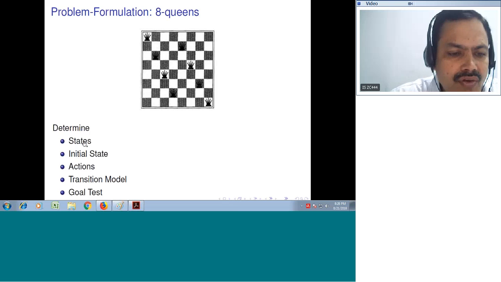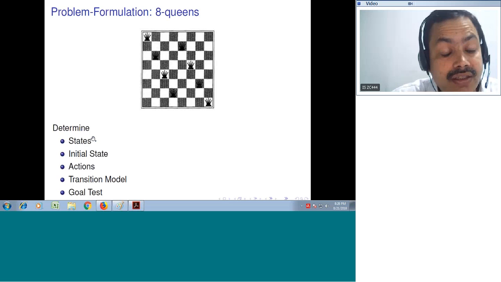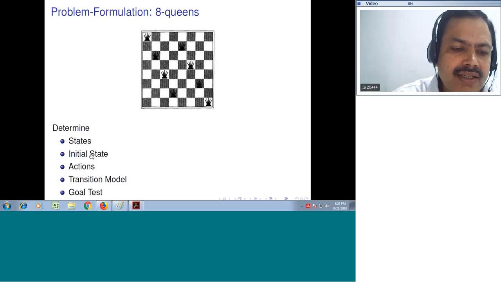So you understood how to assess the problem, what the problem is, and that the state space is very large. The initial state can be anything; your initial state is 0, nothing on the board. Then what are the actions?